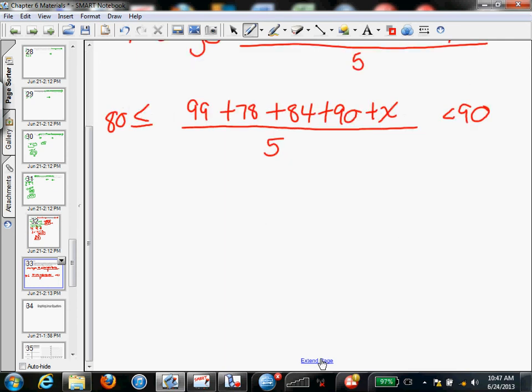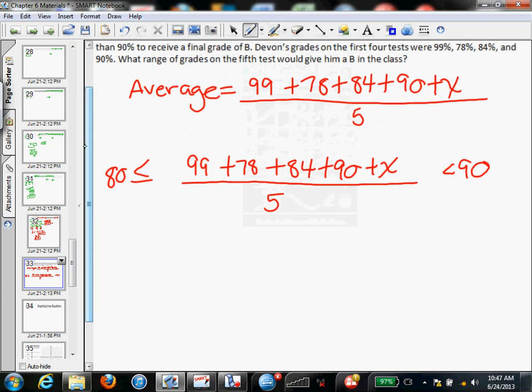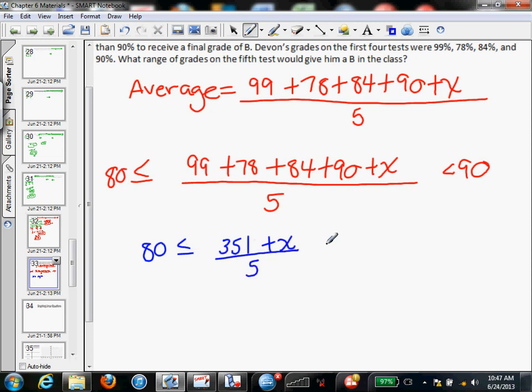So the next thing to do, I would like to add all these pieces together right here. And when we do that, we're going to get 80 is less than or equal to the piece of 351 plus x, all that divided by 5, is less than 90.